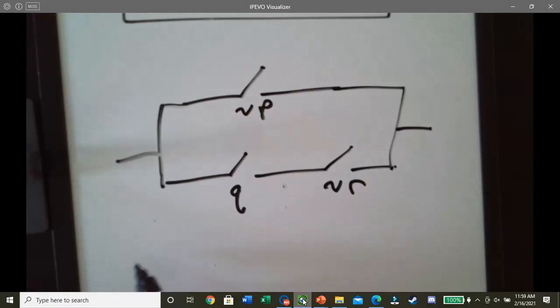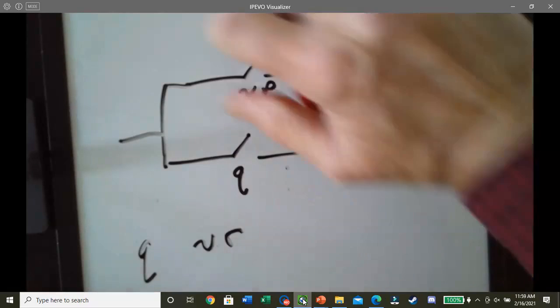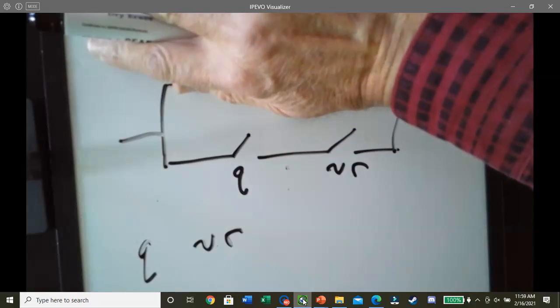So we're going to go ahead and put them first. So Q and not R, is that an and or or statement? We're just looking at these two.